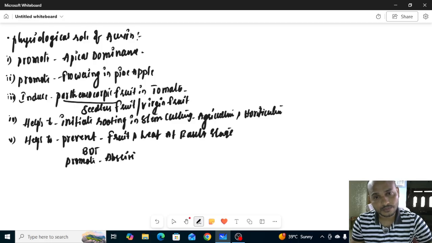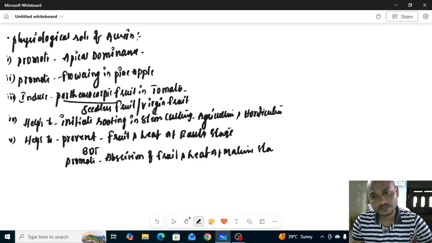Abscission means fall off. Abscission of fruits and leaf at mature stage. So here the most important point is, auxin prevents fall of fruit and leaf at early stage, but it promotes abscission, means detachment of fruits and leaf at mature stage.